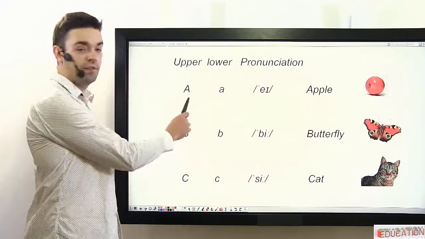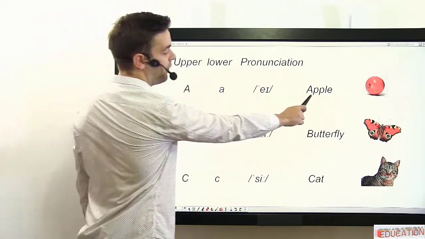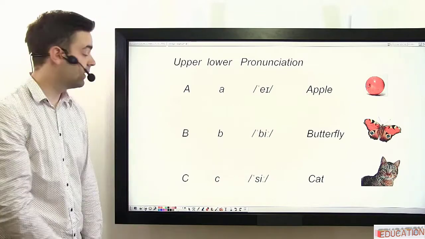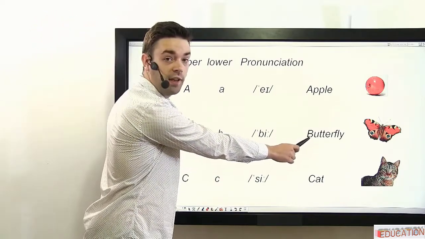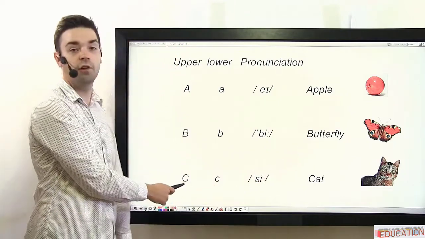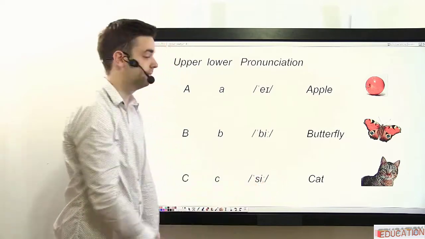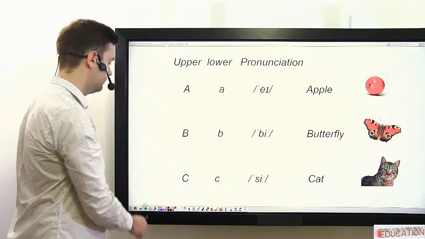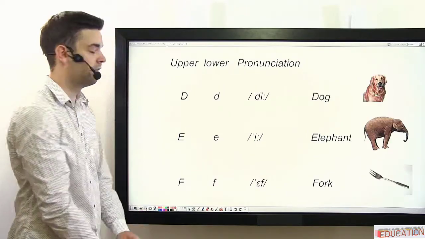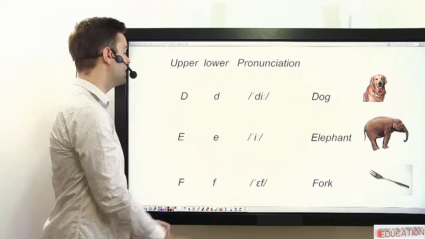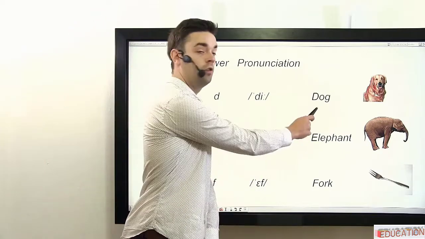So, first of all, we've got A. A is for apple. Then we've got B. B is for butterfly. And then we've got C. C is for cat. Then we've got D. D is for dog.